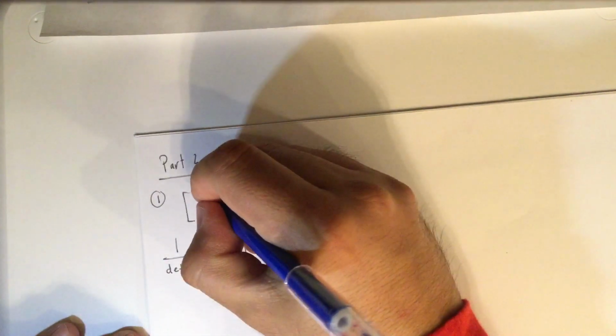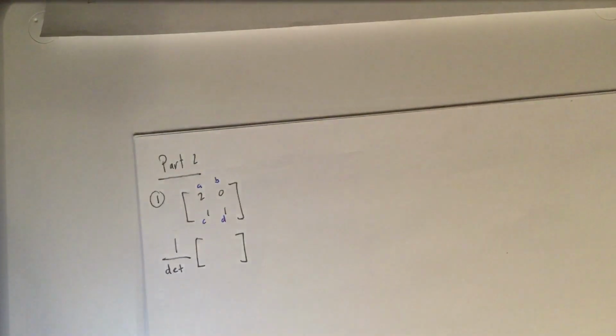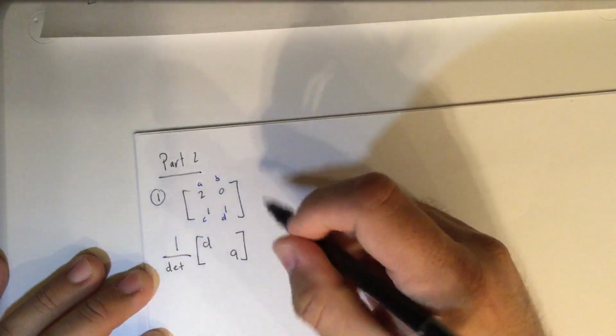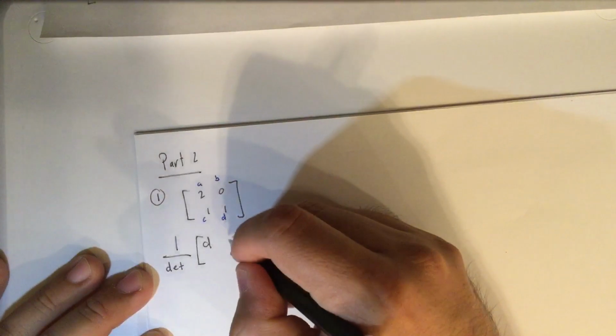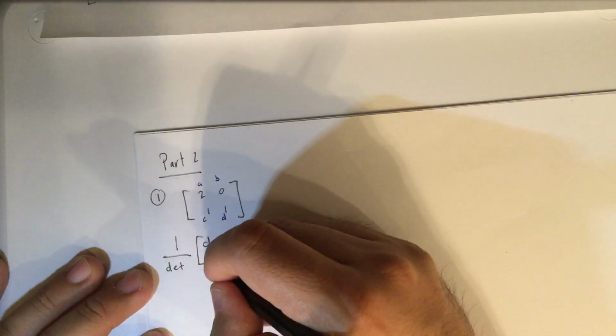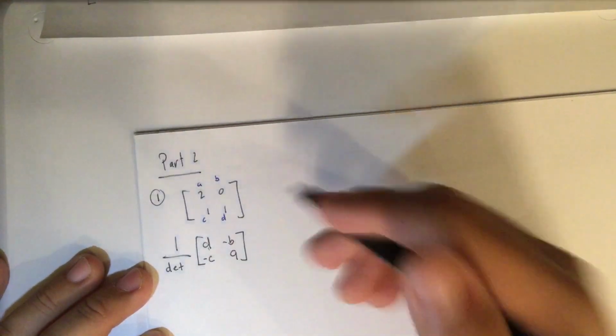If you recall the formula, with A and D you switch them, so this becomes D, this becomes A, and B and C you make them the opposite. The opposite of 0 is still 0, so it'd be negative B, and then negative C. So switch A and D, opposites of B and C.